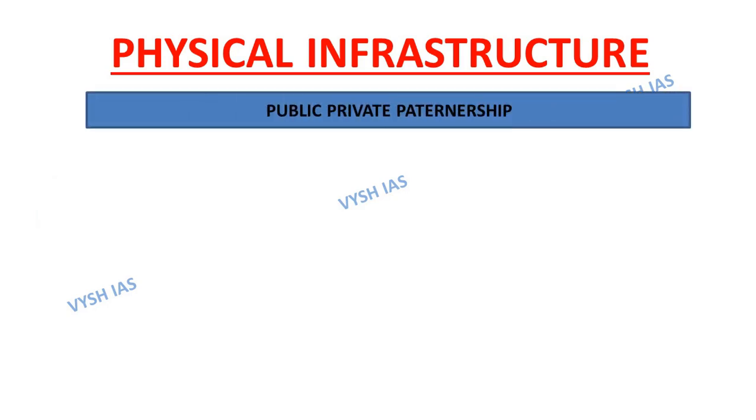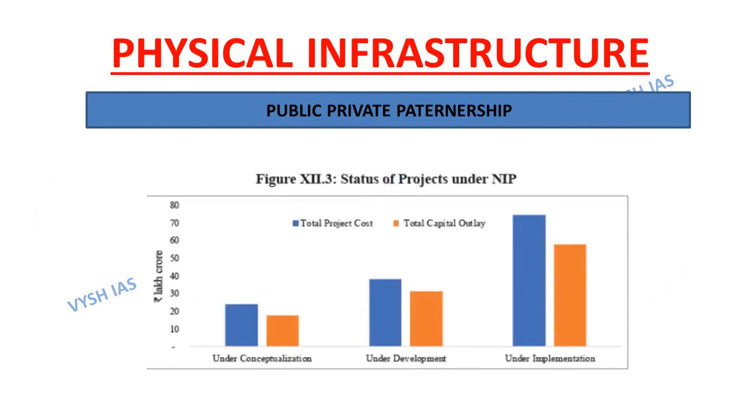Public-private partnerships are vital instruments for the government in channelizing the strength of the private sector in critical areas of infrastructure. Now, once again, look at this bar graph, which is representing the status of projects under NIP, that is National Infrastructure Pipeline. The blue bar graph is representing total project cost and the orange bar graph is representing total capital outlay.